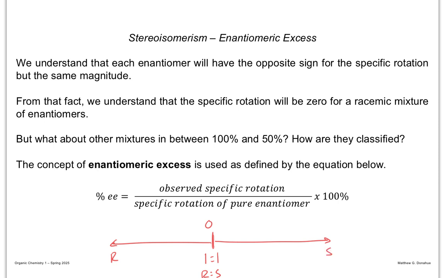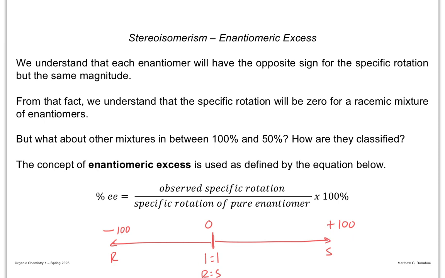Say we measure the R, it turns out to be negative, and the S turns out to be positive. And just to make life easier, we'll say it's 100. So the pure R compound has a specific rotation of negative 100. The mirror image, which is S, therefore has to have a specific rotation of plus 100.